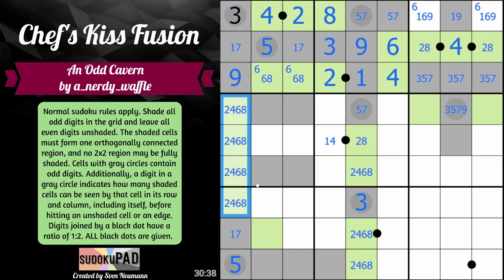Okay, this is interesting. 4 can never be next to 2 or 8. 4 can't be in either of these middle cells, because if 4 was here, you can't put 6 on both sides, right? You need to have at least a 2 or an 8, which means that 4 must go on one of the borders, and whatever border 4 goes on, 6 goes on the other border, and we're left with a 2, 8.